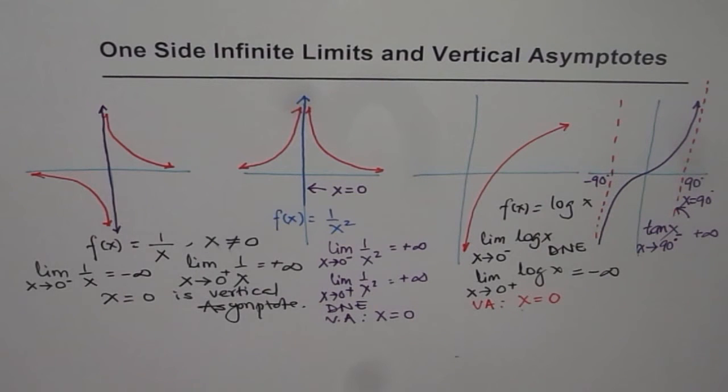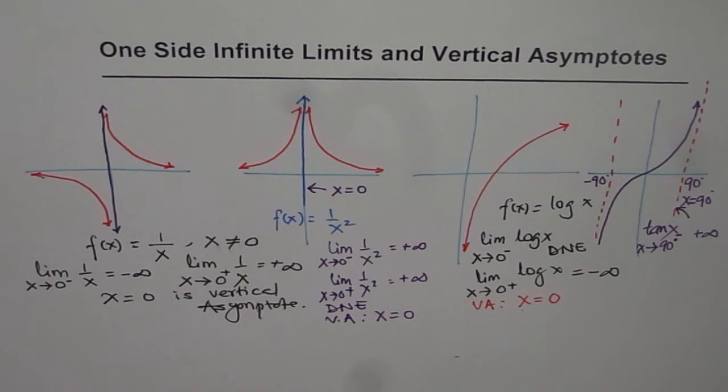That is how we relate vertical asymptotes with one side limits. So one side limit for a vertical asymptote is always undefined, positive infinity or negative infinity. If a one side limit is positive or negative infinity, a vertical asymptote exists.